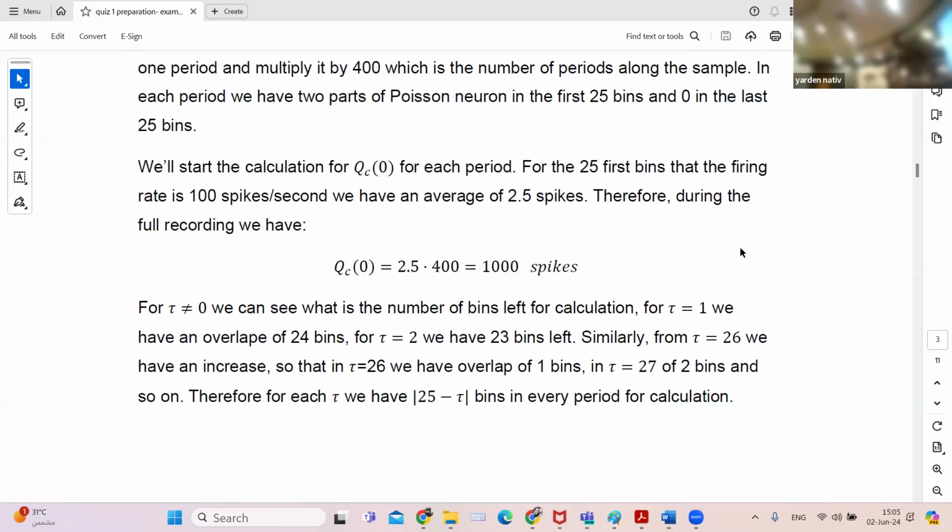Because in 50 it will be this, but in 75 it will be this. So this is why I wrote it as 25 plus a cycle of 50. So it's not only 25, it's 25, 75, 125, and so on.